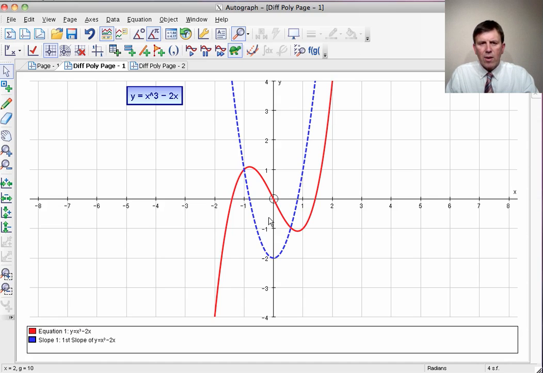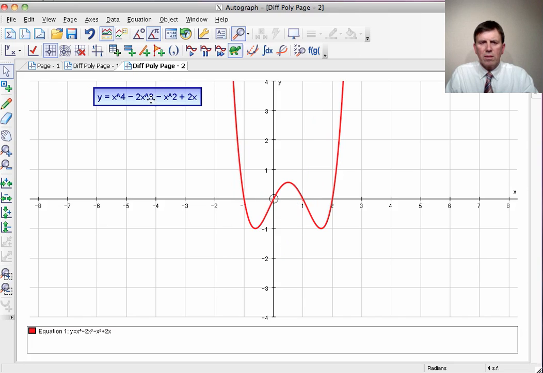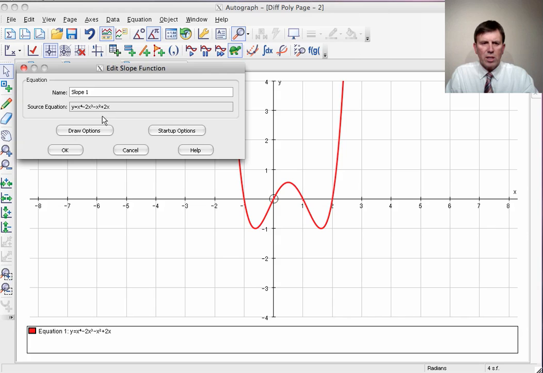Right, let's now have a look at the other example, which was a quartic. x to the power 4 minus 2x cubed minus x squared plus 2x. I'm going to do exactly the same thing, ask it to give me the gradient curve.